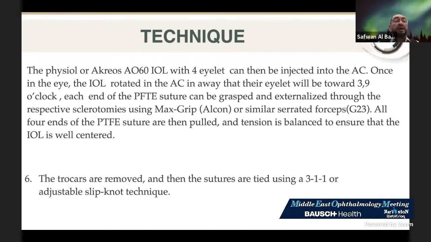Each end of the suture can be grasped and externalized through the respective sclerotomy using the Maxgrip Alcon or similar serrated forceps, gauge 23 or 25. All 4 ends of the Gore-Tex suture are then pulled, and tension is balanced to ensure that the IOL is well centered, and always this IOL is centered. The trocars are removed, and then the surgery is ended.